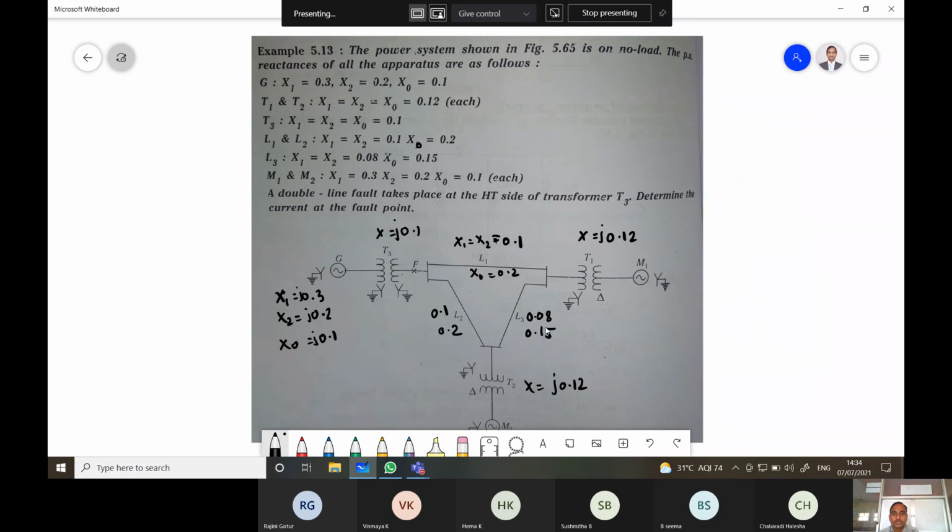For motor M1 and M2, X1 is 0.3, X2 is 0.2 and X0 is 0.1.